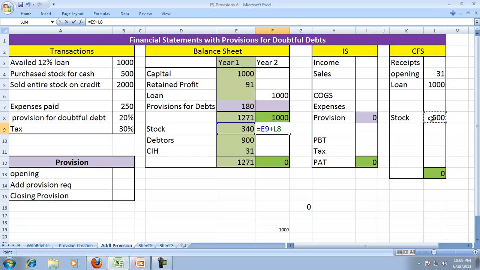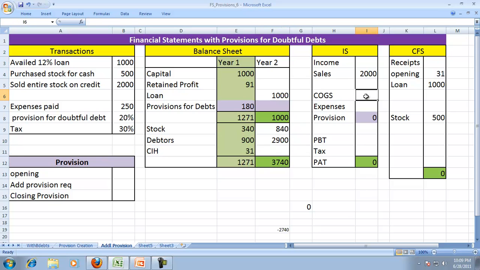Now stock is 340 plus 500, so stock will increase on the balance sheet, no expense as of now. You paid money for that, and then you sold the entire stock for 2,000, no cash because it is on credit, so the debtors will increase from 900 to 2,900.